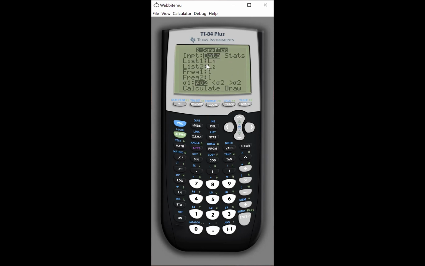List 1 should be L1, list 2 should be L2. When it says list 1, it's saying population 1. When it says list 2, that means population 2. So for us, our alternate hypothesis, we said it should be less than. So we'll put less than. Then we go ahead and press calculate.